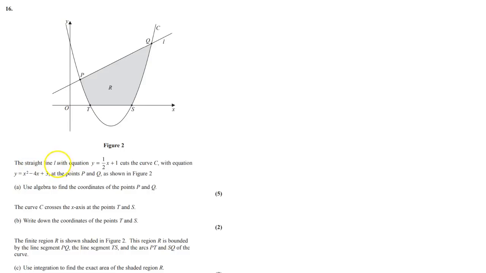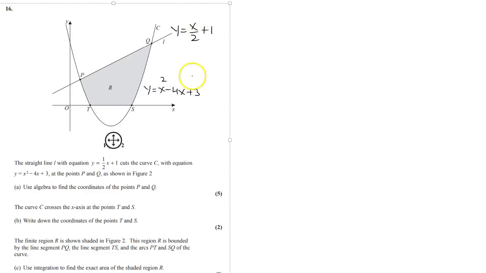Question number 16. The straight line L with the equation y is equal to x over 2 plus 1 cuts the curve C with the equation y is equal to x square minus 4x plus 3. Use algebra to find the coordinates of P and Q. So this is the intersecting point. These are y is equal to y. So this part is equal to this.